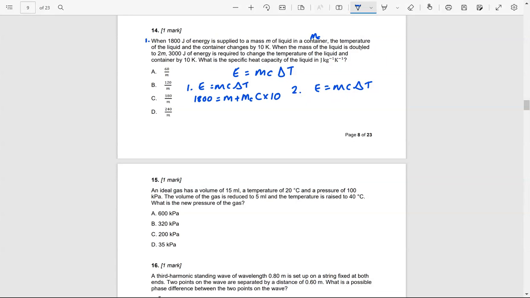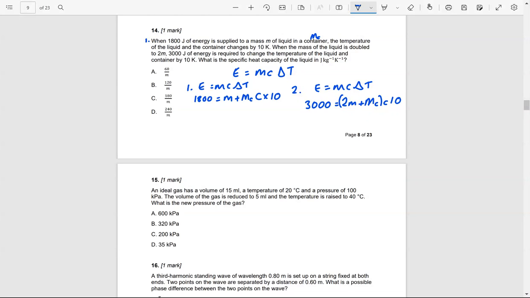When the mass of the liquid is doubled to 2m, 3,000 joules. So we have 2m plus mc, C is required to change the temperature of the liquid and container by 10. What is the specific heat capacity of the liquid in units? Okay.